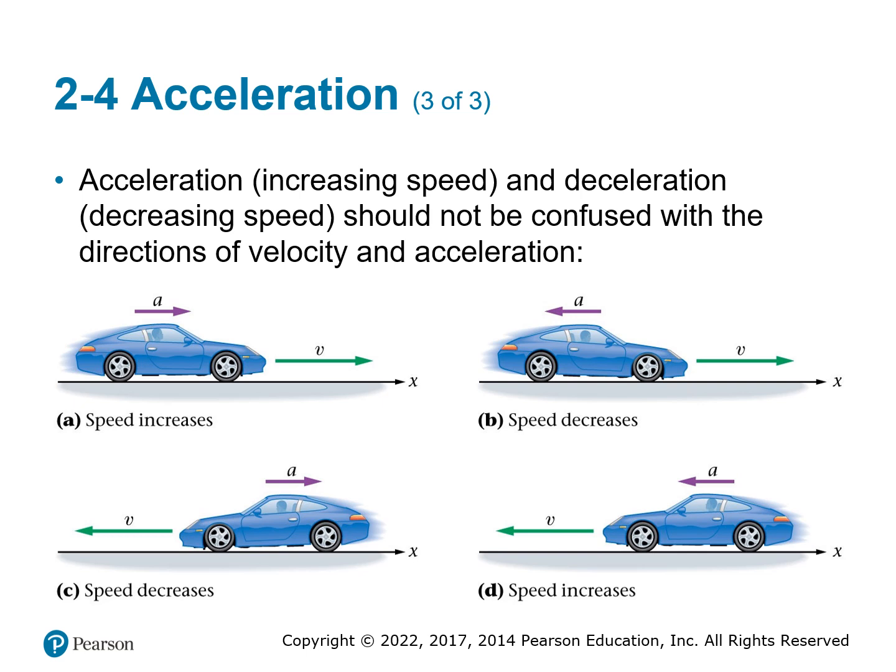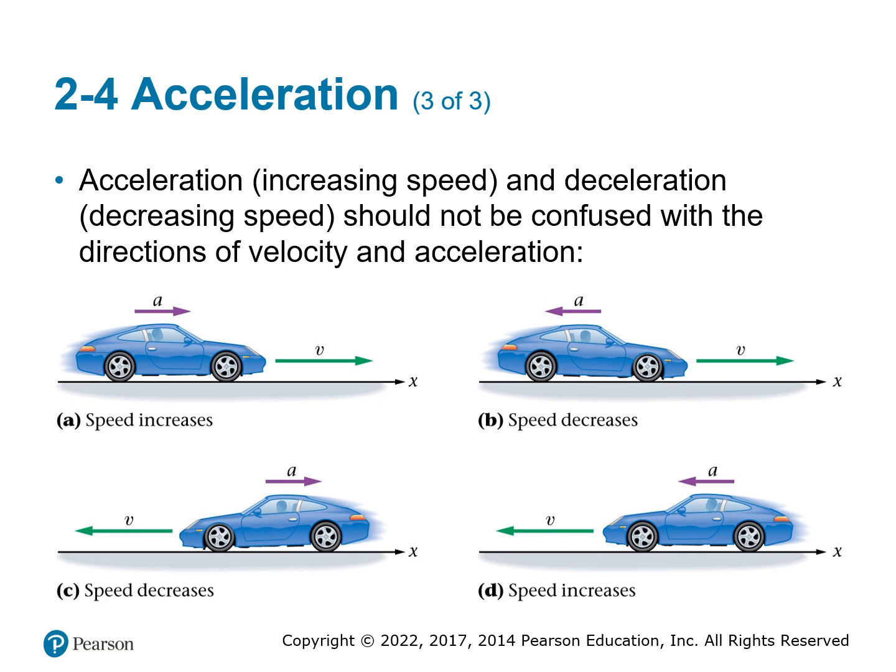In picture C, the car is going to the left and the speed is decreasing, so that means your acceleration is to the right. And then picture D, your velocity is to the left, and your acceleration is also to the left, meaning your speed is increasing.